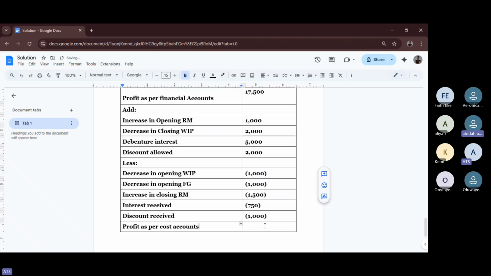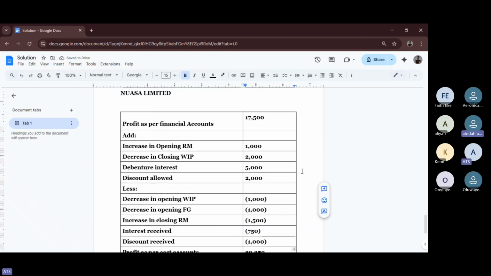So what will be our profit as per cost account? What do you say? 22,250. Thank you. So that is it.